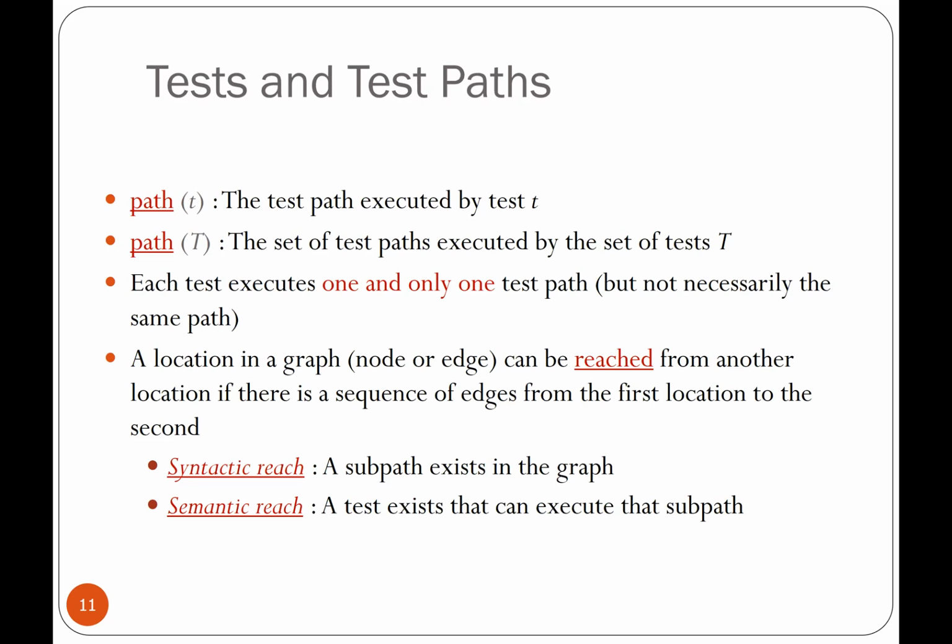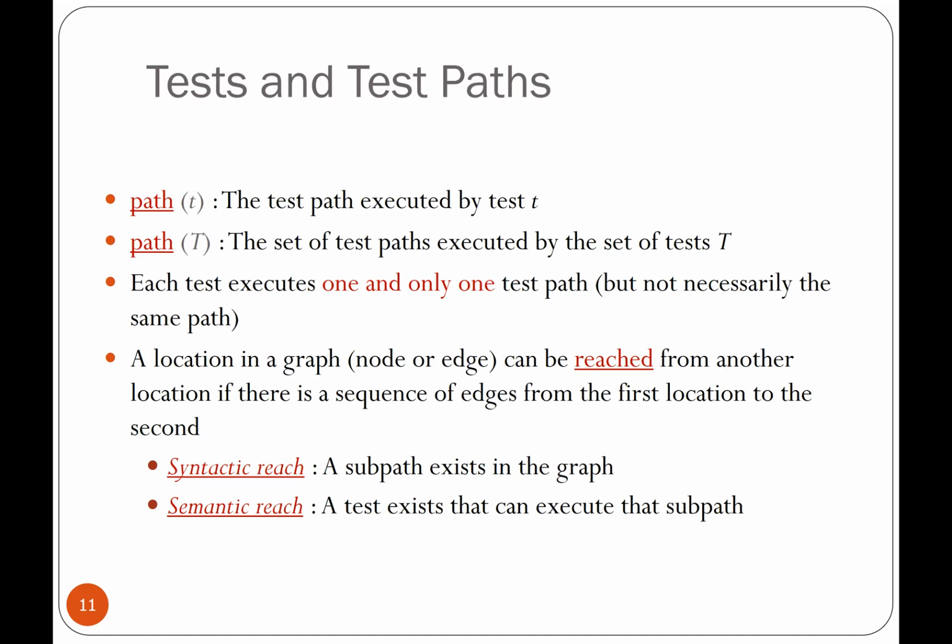So when we say the word path and the small letter t, this is the particular test path that will be executed, or would have been toured, had we executed test t. And remember, anything with a capital means a much bigger set. So path of a capital T, T here is a set of little t's.